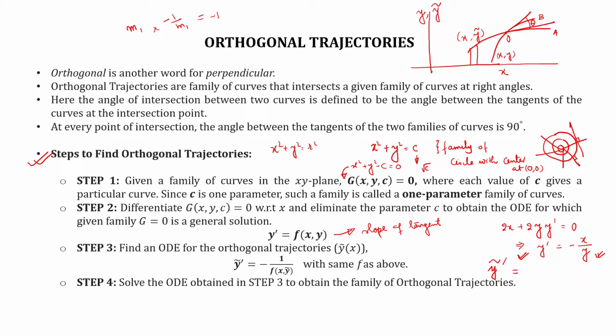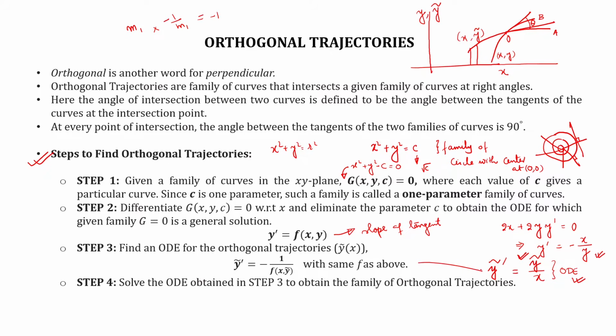So the negative of minus x by y is x by y, and by inversing it we get y tilde by x. So this is the ODE for the orthogonal trajectories.